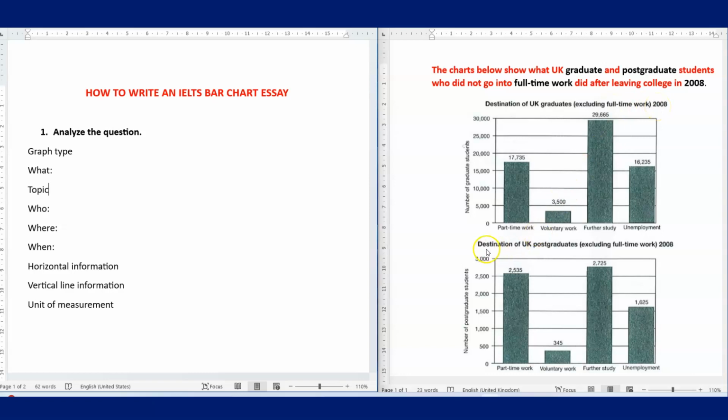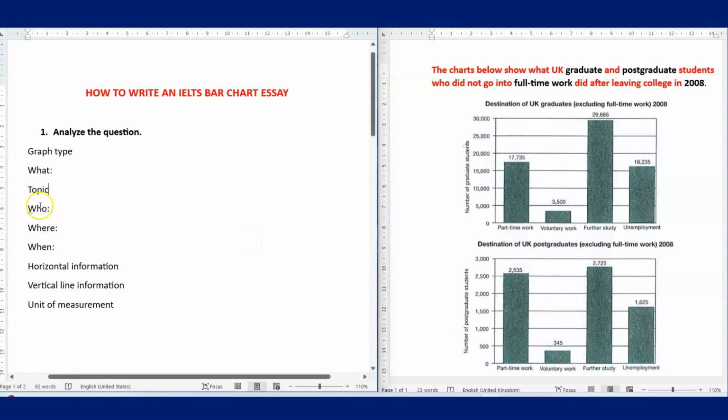And the second one is the destination of UK postgraduates, excluding full-time work in 2008. So we look at their destination, where they are right now, or what they are doing right now, the number of those and what they are doing. That is the topic. You can see the first topic, second. The topics are the ones on top, so we know what the topic is.